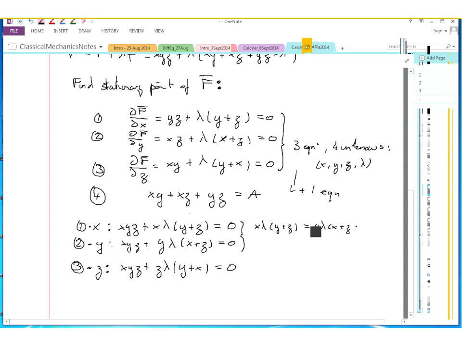The first term, x lambda y, also appears in the second equation as y lambda x, so that term cancels from both sides, and we have on the one side x lambda z equals y lambda z. And then here the z's I can cancel out as well. And then I get x lambda equals y lambda.